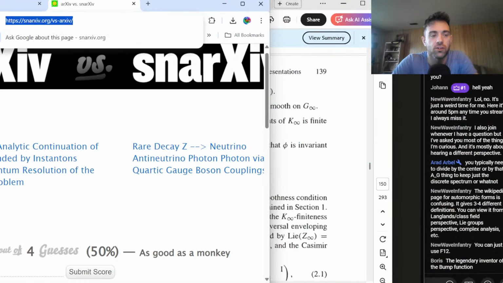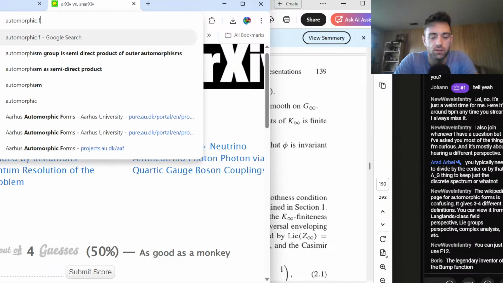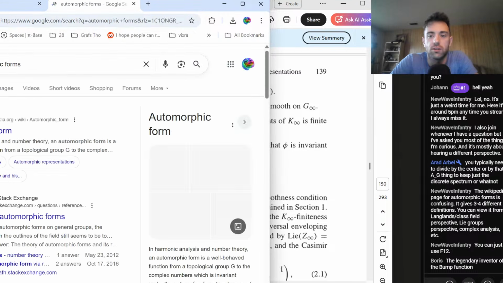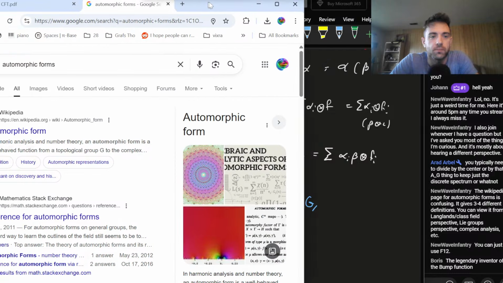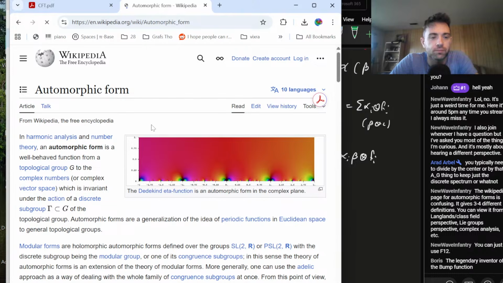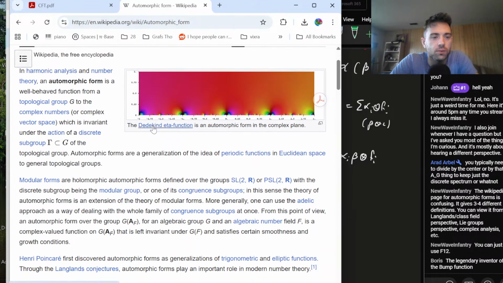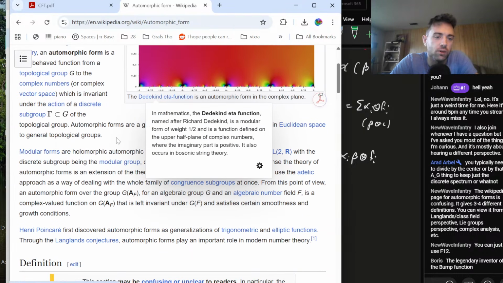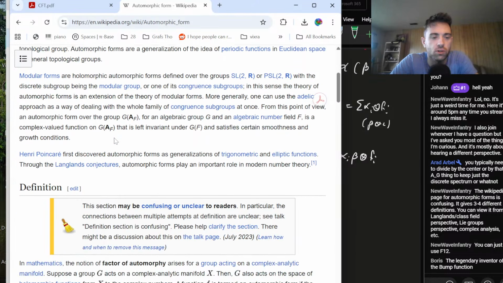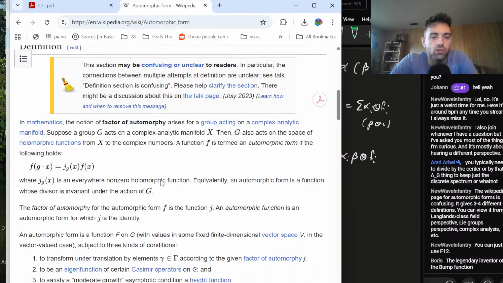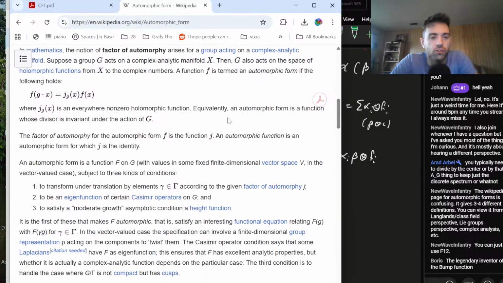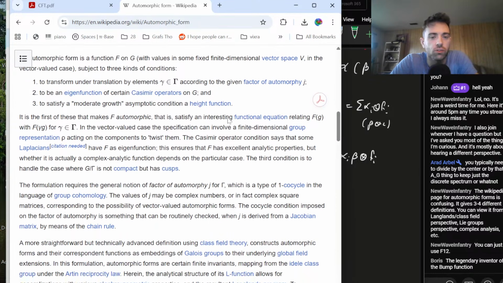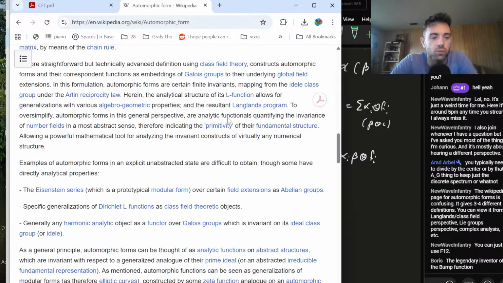Let's see, what does Wikipedia have to say? Automorphic form, well-behaved. Okay, that's just the loose definition. Definition. Okay, so first, again, just discussion, talking about factor of automorphy.